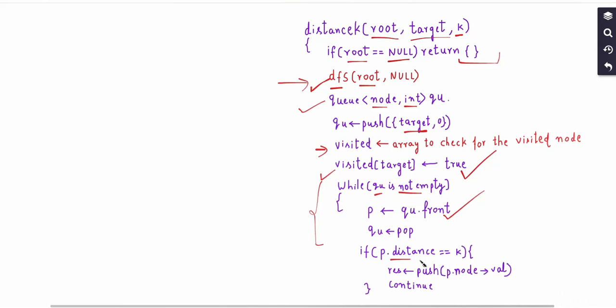I check if its distance becomes equal to k, which is the required distance. In that case, this node is one of our target nodes or required nodes, and hence I push this node into my resultant array. So this res is the resultant array, and I continue right from here to process another node in the queue.